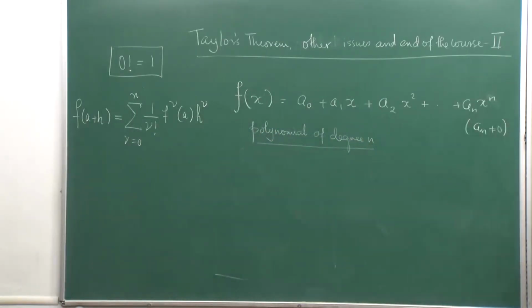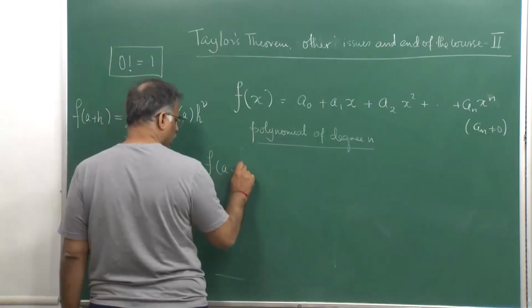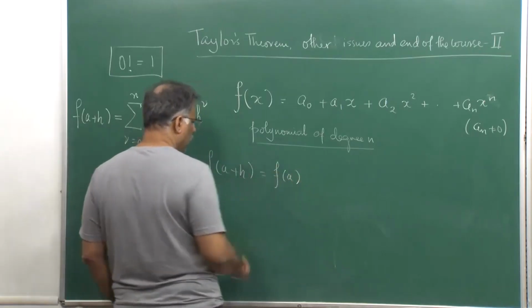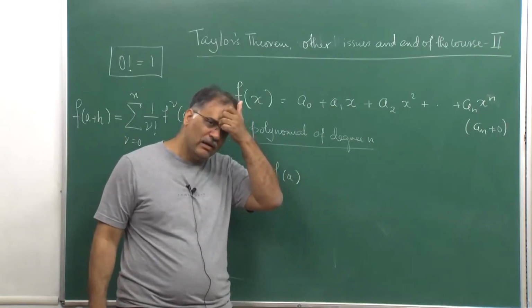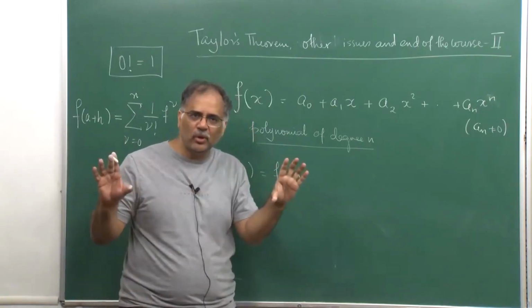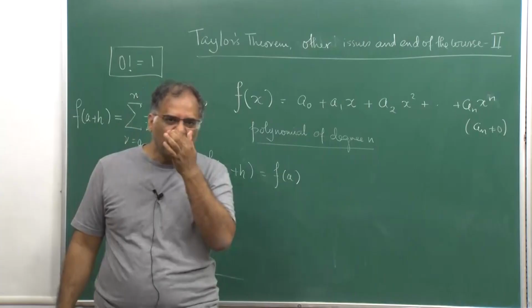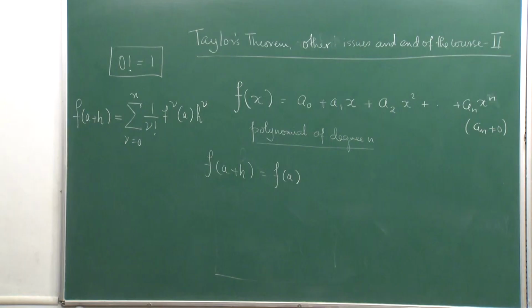The intuition is that if you know A, then f of A plus h can be approximated by a polynomial up to a certain degree, and then there will be an error. So, what you are trying to say is that any continuous and differentiable function which has derivatives up to nth order that are continuous can be approximated as a polynomial.